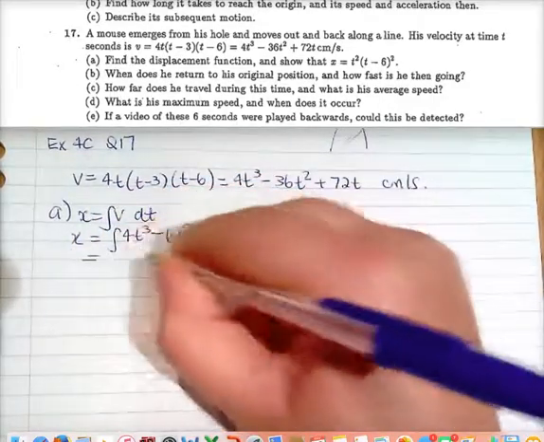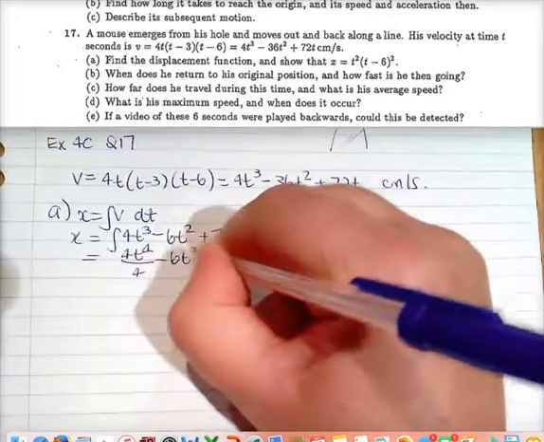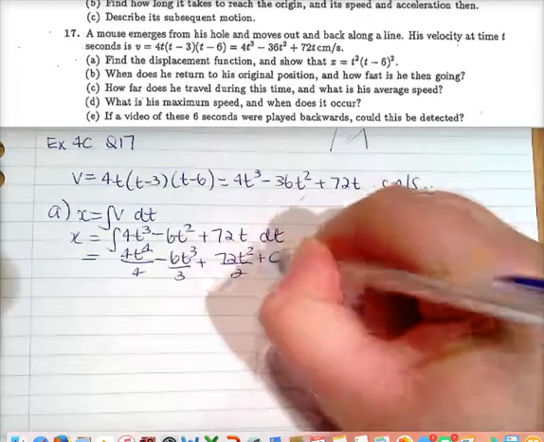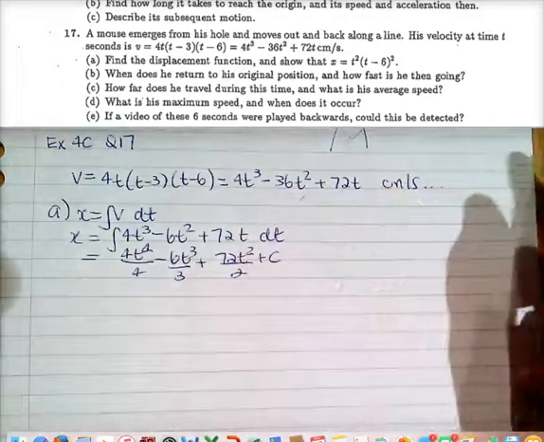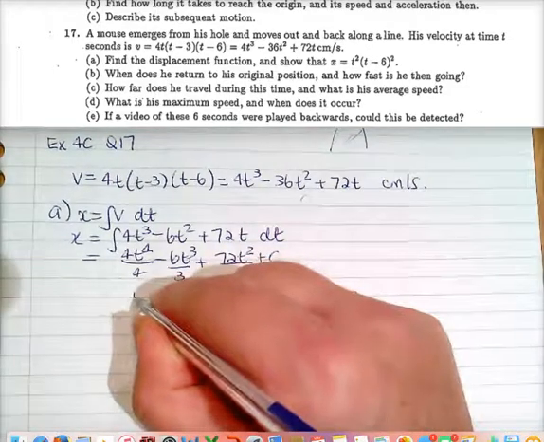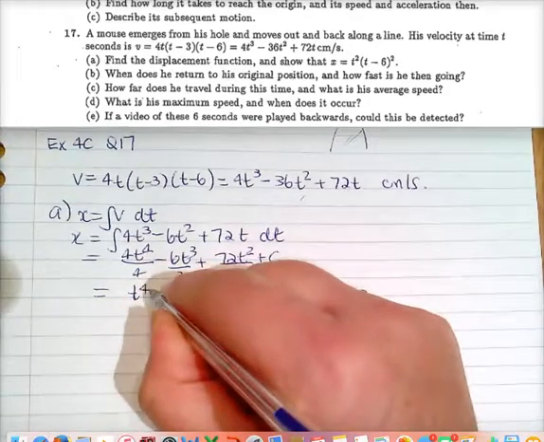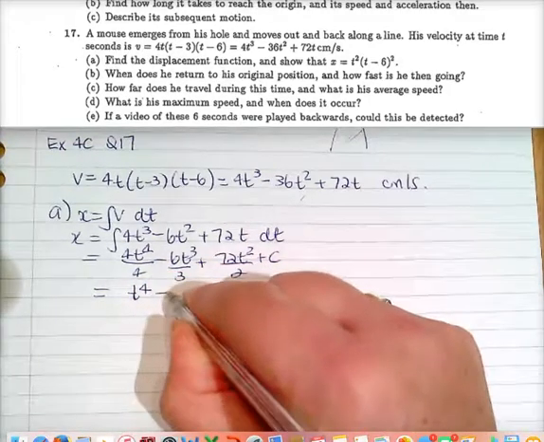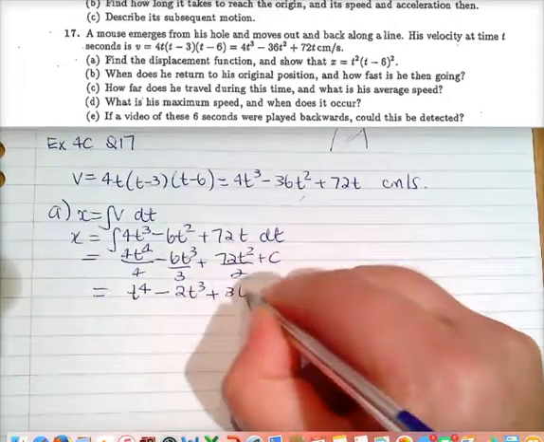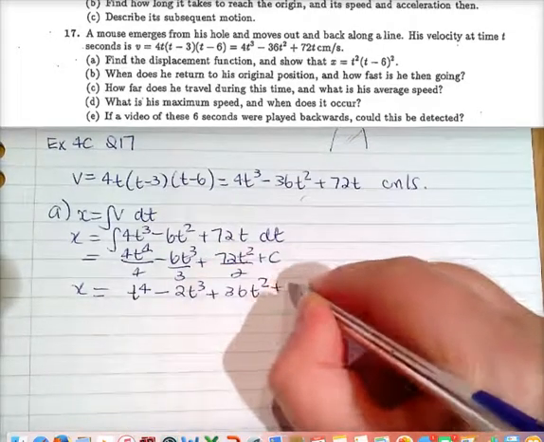And you will get 4t to the 4 on 4 minus 6t cubed on 3 plus 72t squared on 2 plus a constant. Which is t to the power of 4 minus 2t cubed plus 36t squared plus c.